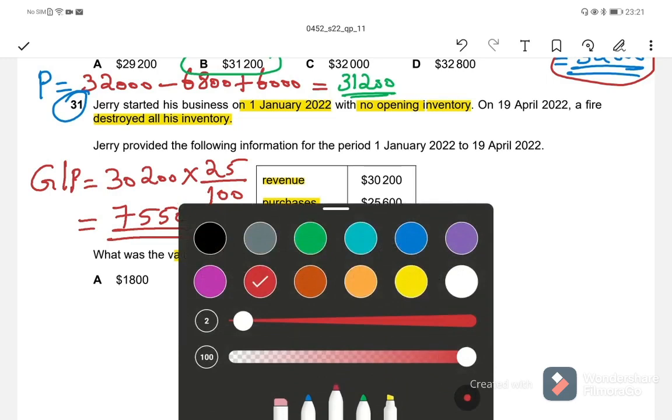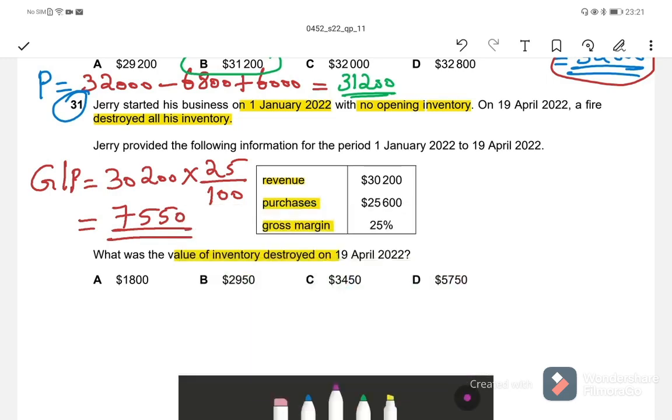Next, cost of sales. Cost of sales is equal to revenue minus gross profit.